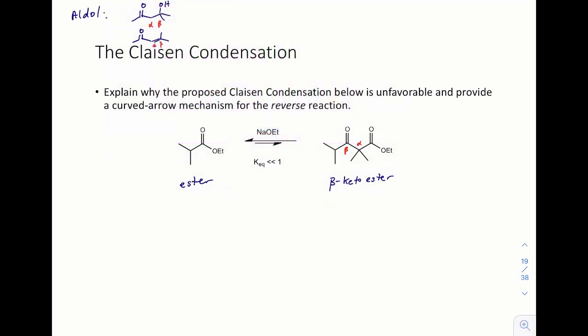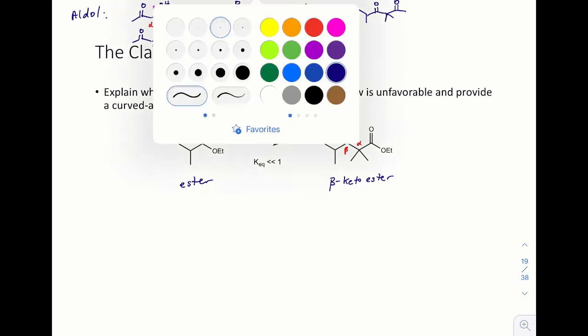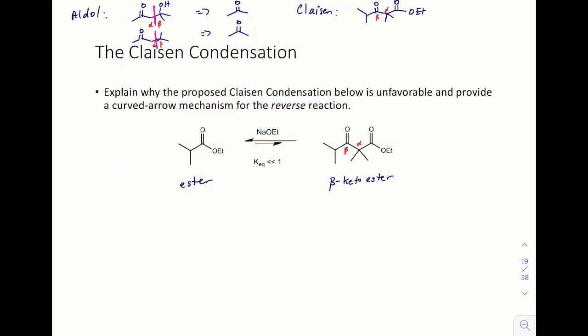And once we recognize them, we would say, all right, well, I know the bond was made between the alpha and beta carbons. So this aldol product must have come from the self-condensation of acetone. You want to be able to do the same thing, so go through the same mental exercise for the Claisen reaction. You want to recognize this time not beta hydroxy ketones, but these beta diketones. And again, it's the bond between the alpha and beta carbons that was made.